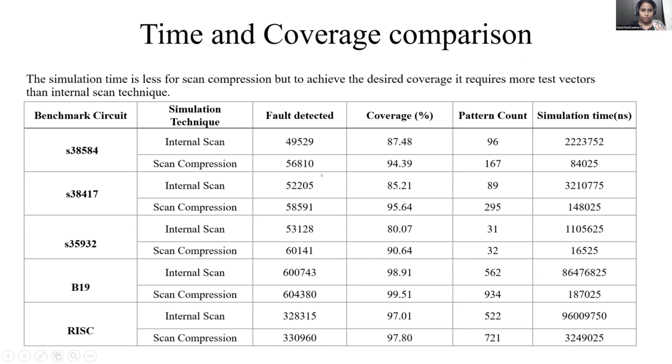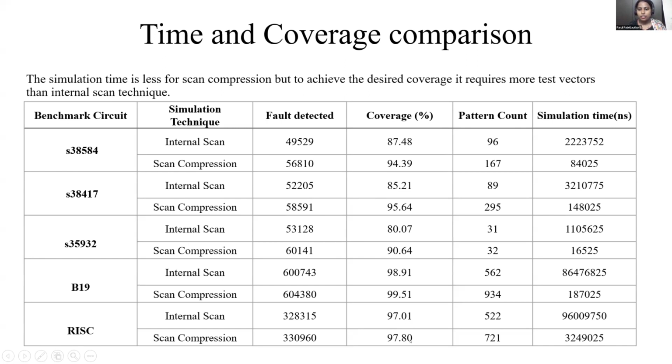One thing you can definitely observe is that the fault detected count is greater for scan compression as compared to internal scan. Second, coverage, even if by 0.79, is greater for scan compression, as you can see in RISC. The coverage for internal scan is 97.01 and for scan compression is 97.80.